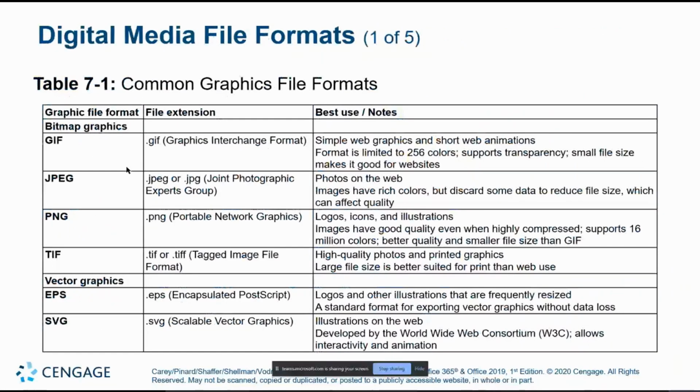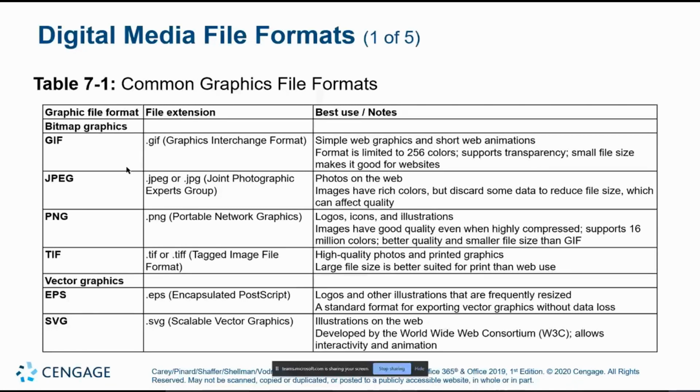And for the next few slides, we're going to look at some examples of digital media file formats. We're going to begin here by looking at images. I've already mentioned GIFs, JPEGs, and PNGs. You also have TIFF files, and these are much less compressed files.